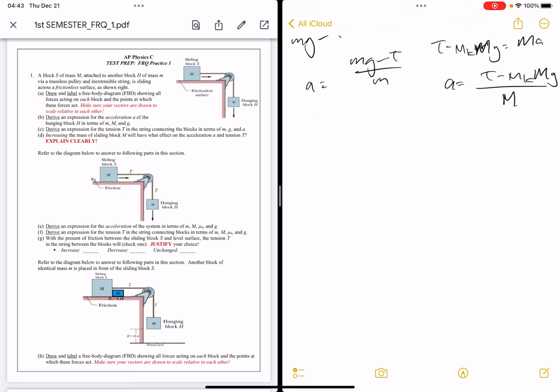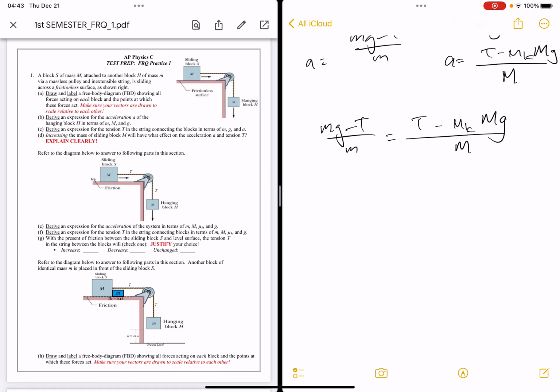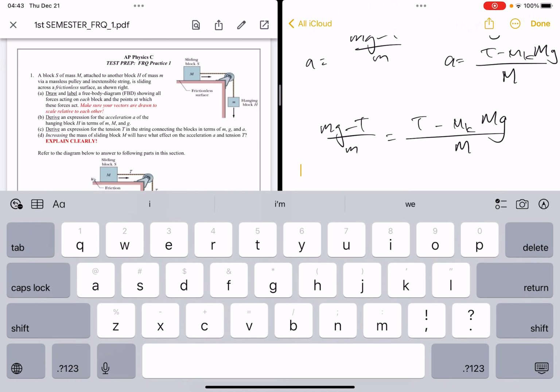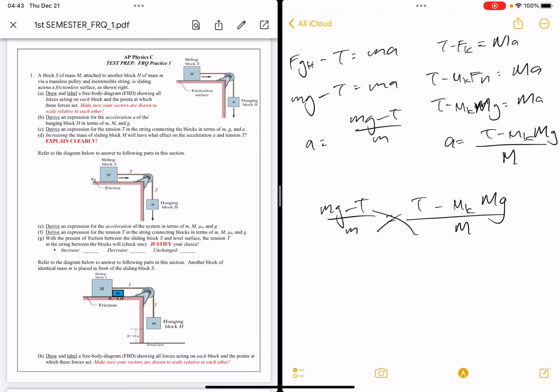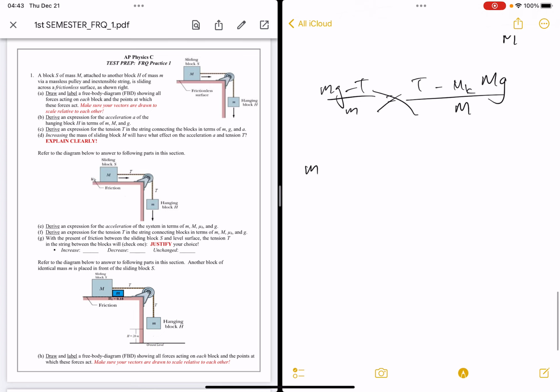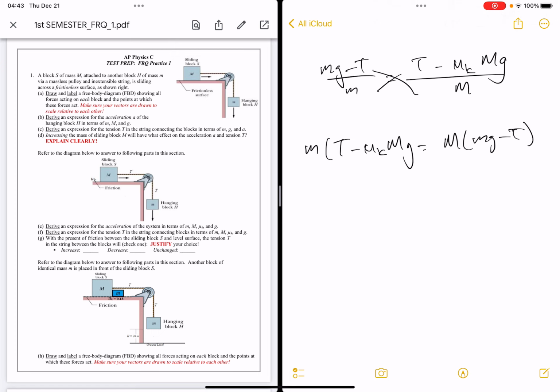And I'm going to set these two equal to each other. So then (mg minus T) over m equals (T minus mu k big Mg) over big M. And then we're going to cross multiply them. So then M times (mg minus T) equals m times (T minus mu k Mg).